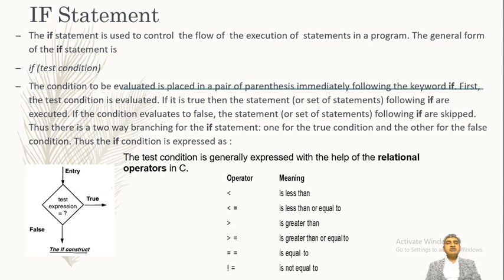If the test condition is false, then the statements following if are skipped. The test condition we generally express with the help of relational operators in C, that is less than or equal to, greater than or equal to, and not equal to.